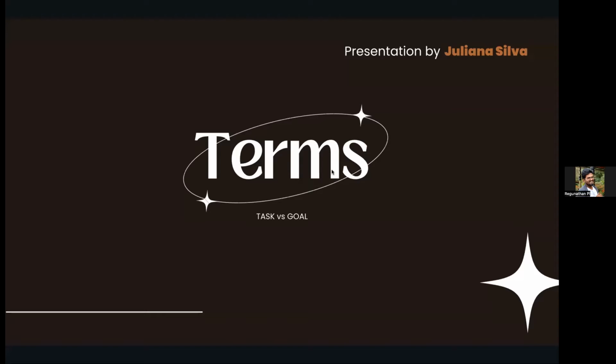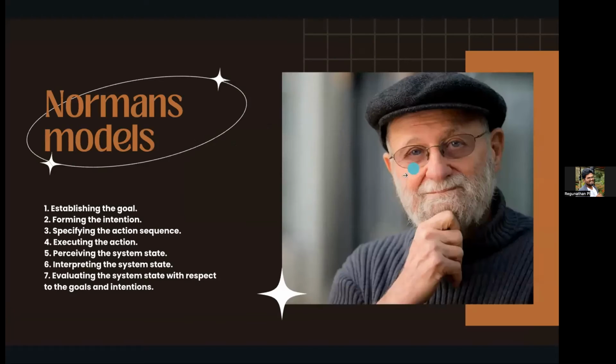And these stages have been subdivided into several types, as Don Norman says. He has some models to establish or introduce these stages. Say, for example, there is establishing the goal, which means identifying the goal, and so on.